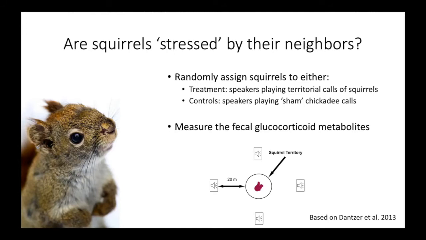In contrast to these treatment squirrels, Ben also had control squirrels. Now you might think the control squirrels might remain unmanipulated, but anytime we perform an experiment, we want to manipulate only the thing that we hypothesize is having an effect. And in this case, what was hypothesized to have an effect was the territorial calls themselves.